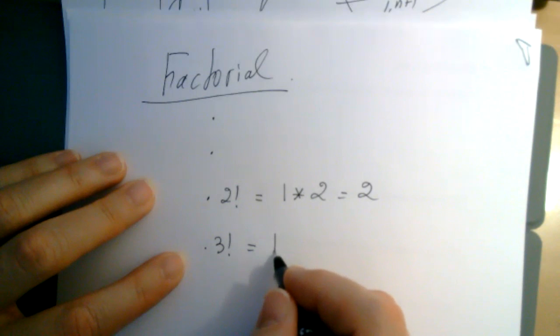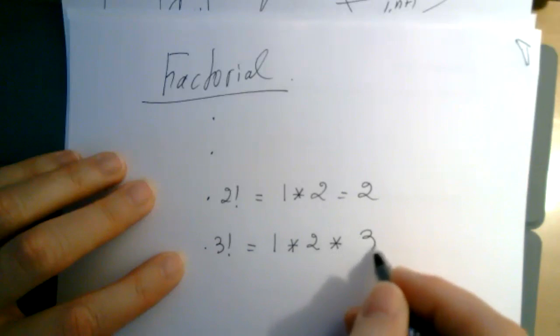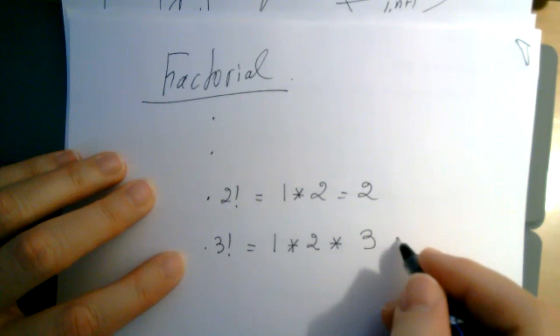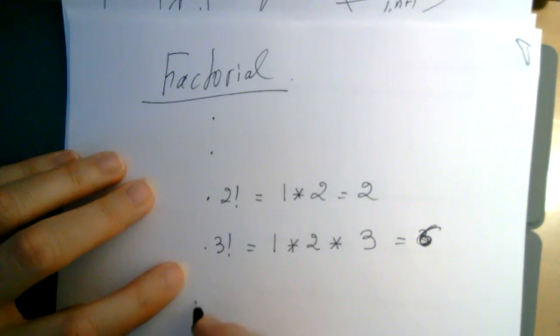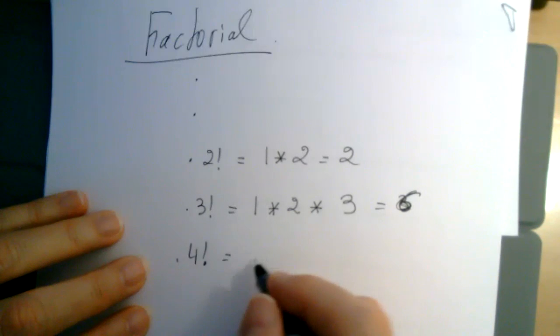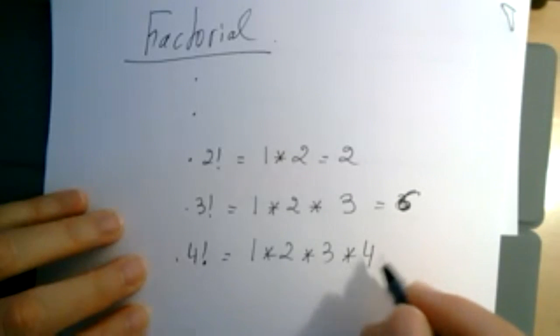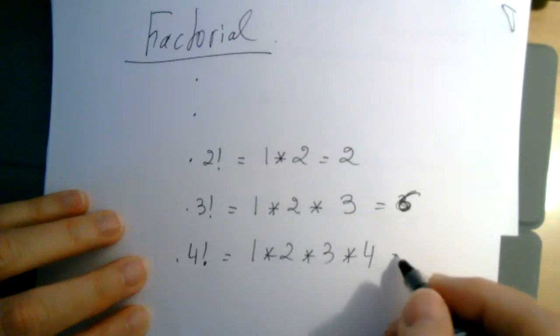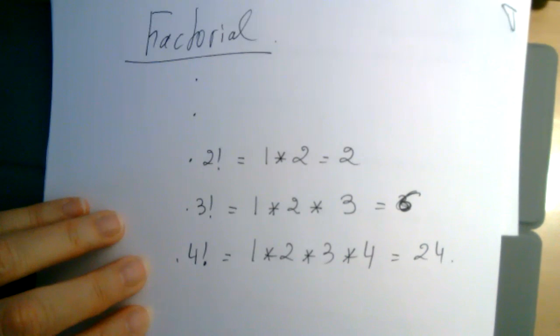It's 1, you keep multiplying times 2 times 3, which is 6. 4 factorial means you keep multiplying 1 by 2 by 3 by 4. So you keep multiplying till 4. That's 24. And the pattern continues.